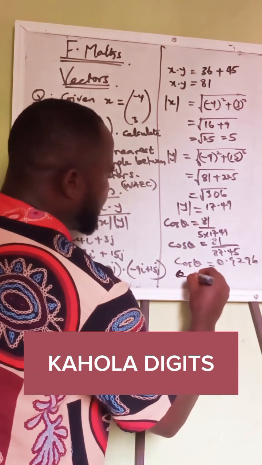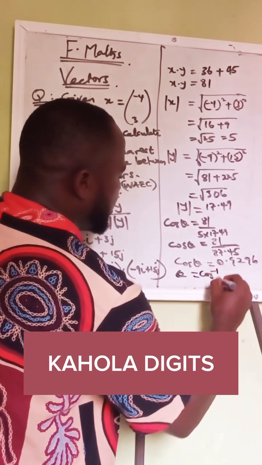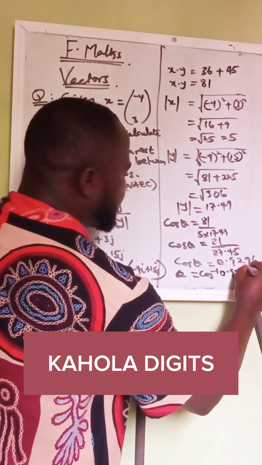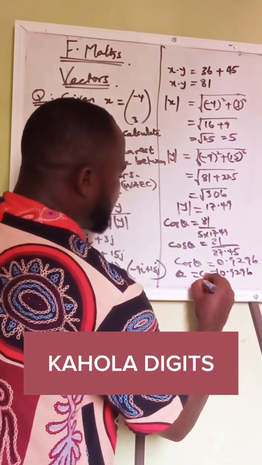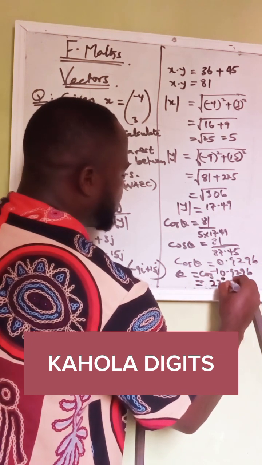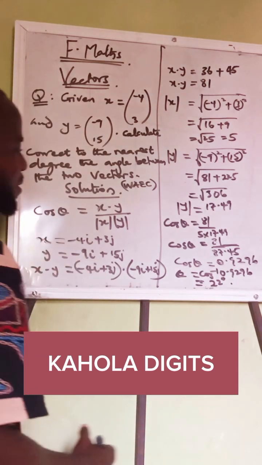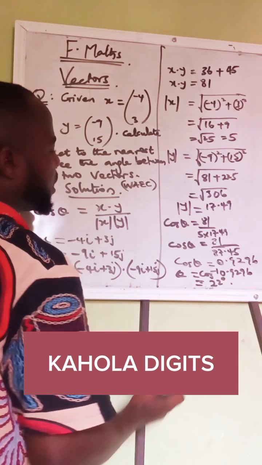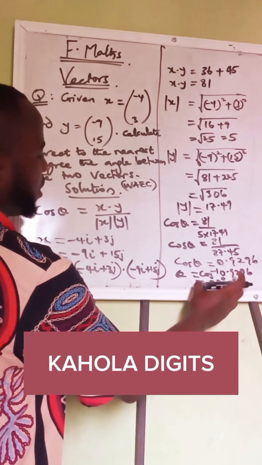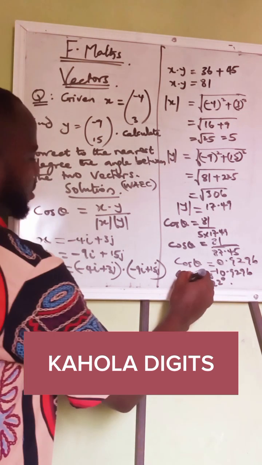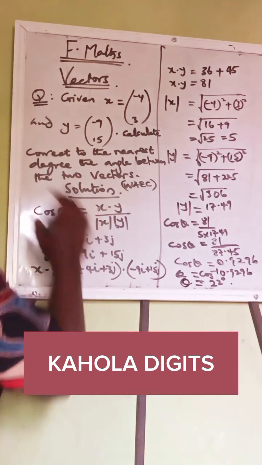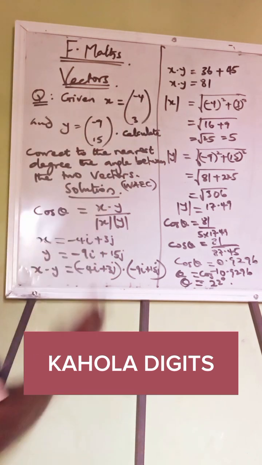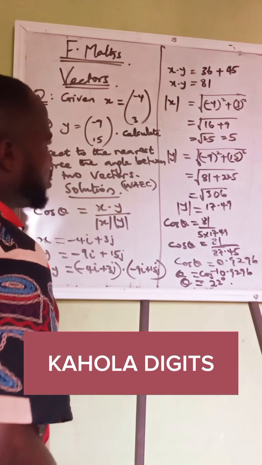So theta will be cos inverse of 0.9296, which is approximately 22 degrees. We have to approximate to the nearest degree, so the cos inverse of 0.9296 to the nearest degree is 22 degrees. So the angle between vector x and vector y is 22 degrees.